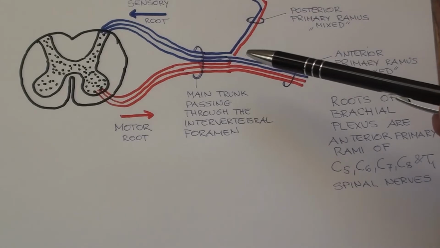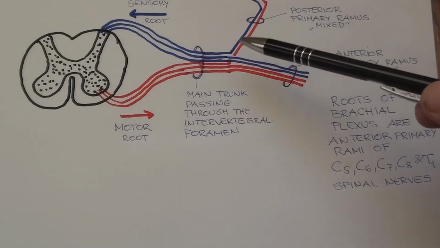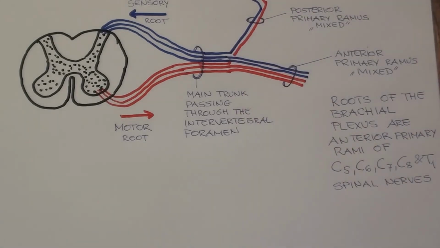As we can see, blue and red colored fibers have been diverted more posteriorly to indicate presence of the posterior primary ramus, which is also considered to be mixed.